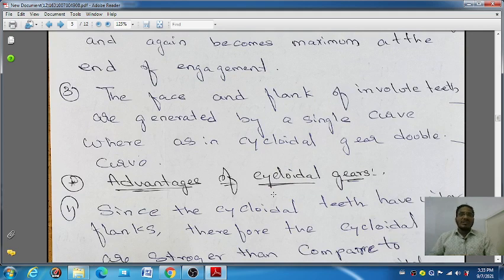The third point is that the face and flank of involute teeth are generated by a single curve, whereas in cycloidal gears they are generated by a double curve. So the face and flank of an involute gear tooth are designed by a single curve, but in a cycloidal gear they are designed by a double curve.